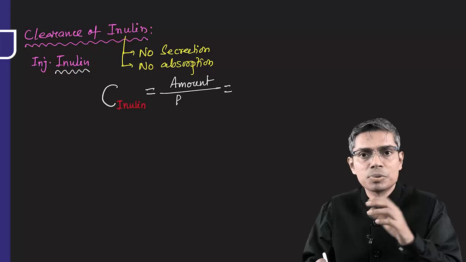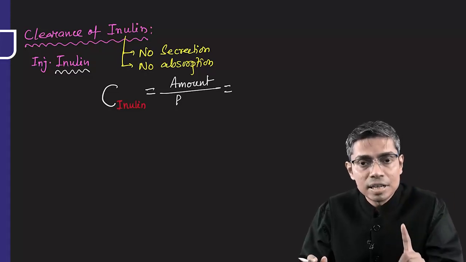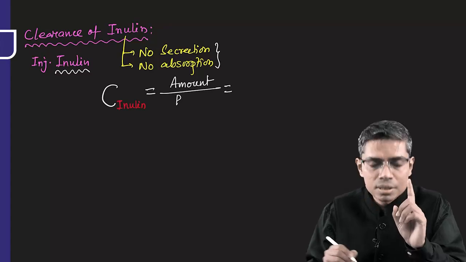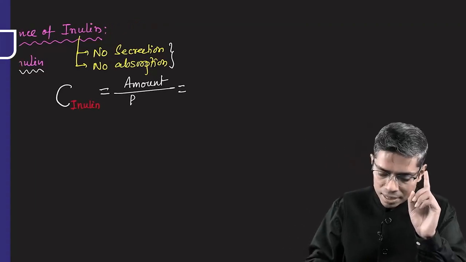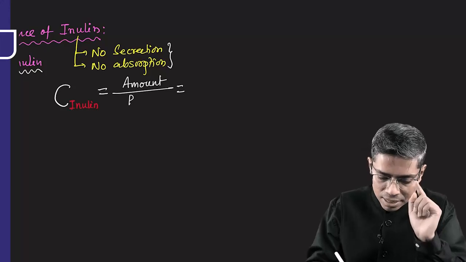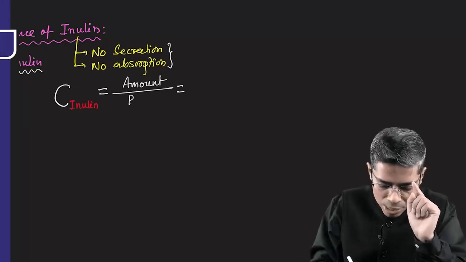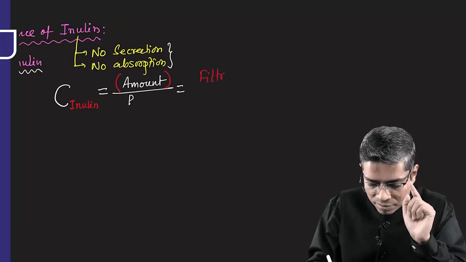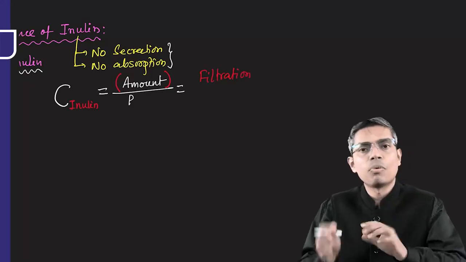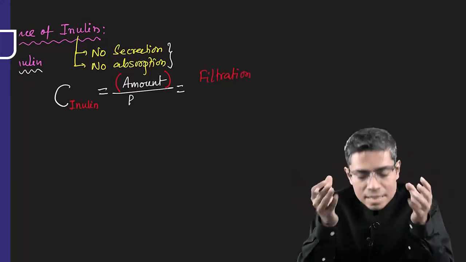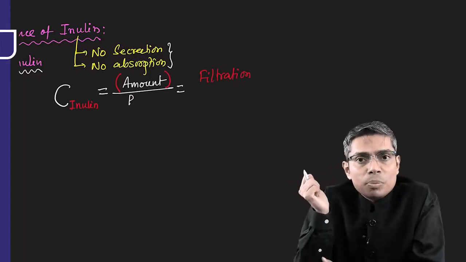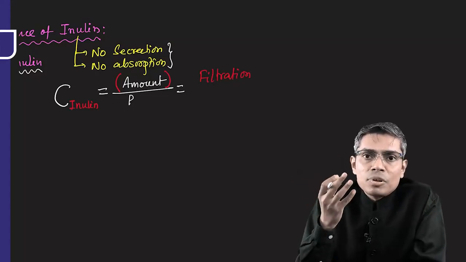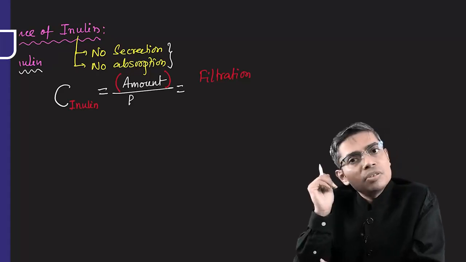Filtration, secretion, absorption, all? Only and only filtration, because there is no secretion, there is no absorption. So now I can understand that if you measure the clearance of inulin, the urinary amount is only and only due to the process of filtration. Whatever amount of inulin is getting filtered at the level of the glomerular capillary, that is the amount of inulin which is going to reach your urine.